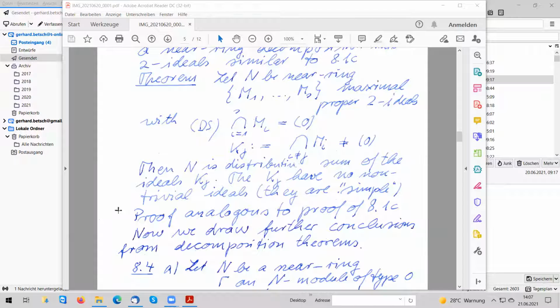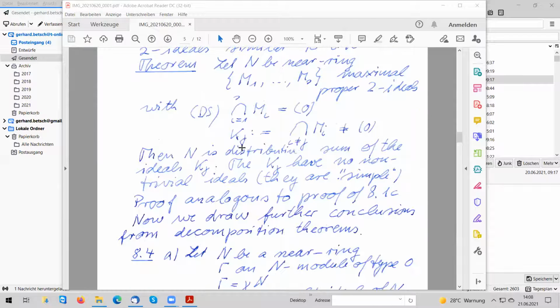The Kj have no non-trivial ideals because, as I pointed out, we have N modulo Kj is M modulo, such an intersection is Kj, so this must be simple ideals. They have no non-trivial ideals.